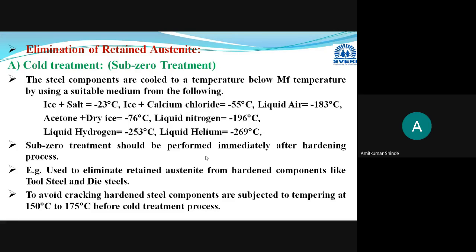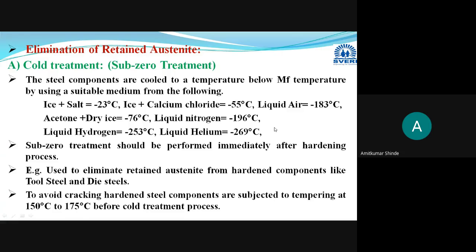If the amount of retained austenite is high, before performing elimination methods we have to keep the cooling below the Mf temperature, the martensite finish temperature.